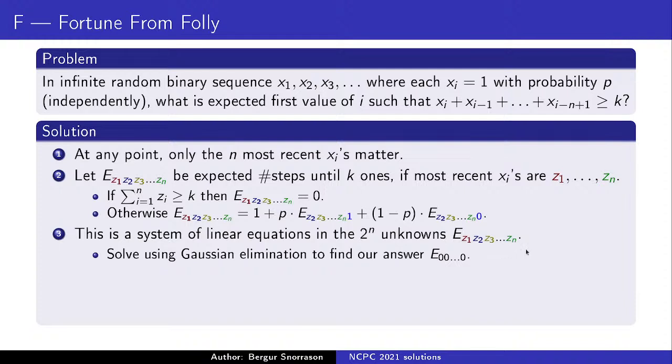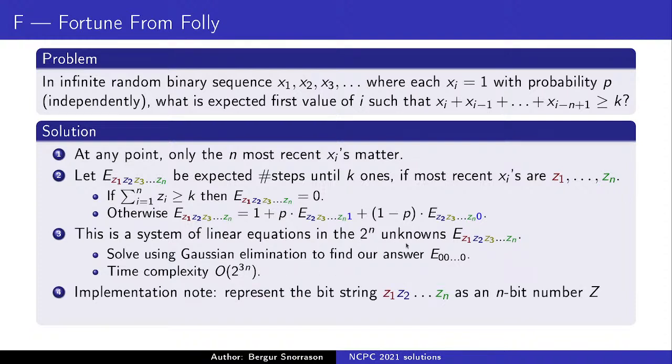All right, so this leads then to a time complexity of big O of 2 to the 3n using a standard Gaussian elimination algorithm, which is cubic in the number of variables. And one implementation note to keep in mind is that when you're dealing with indices like this, which are really bit strings of length n, you should think of them as n-bit numbers.